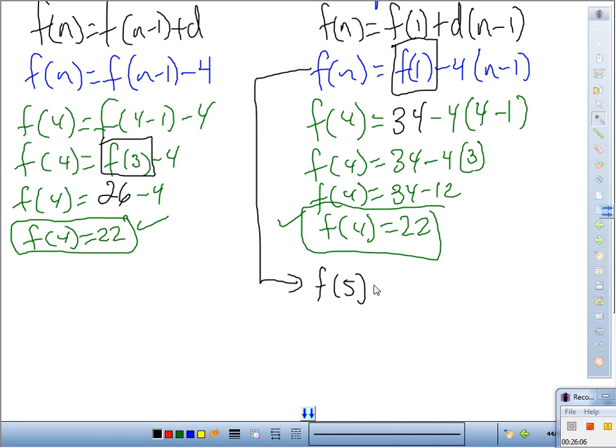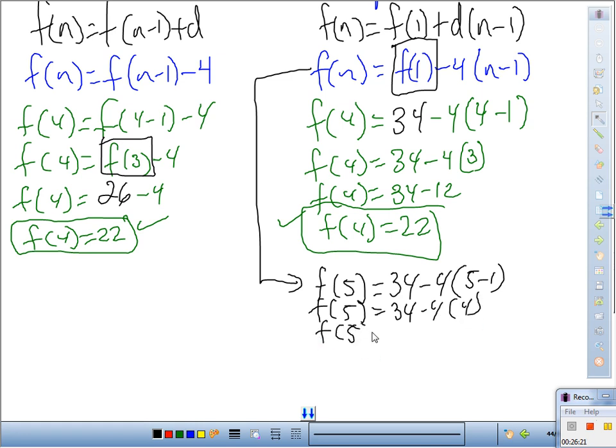F of 5 equals, what is f of 1? 34 minus 4 times 5 minus 1. F of 5 equals 34 minus 4 times 4. F of 5 equals 34 minus 16. F of 5 equals 18. And we got that? Yeah?